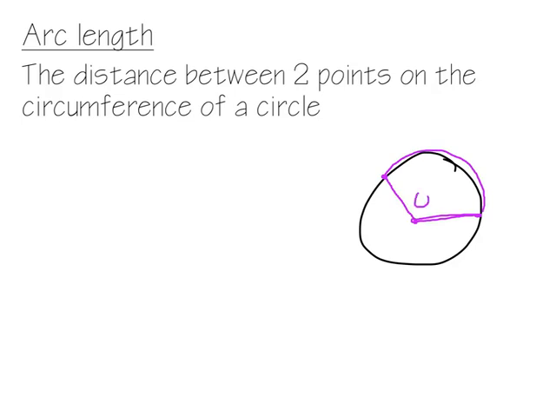If I knew this angle, I could figure out what percentage of the circle is that angle. That would be theta divided by 360, and then just multiply that by my circumference. So my arc length is this.